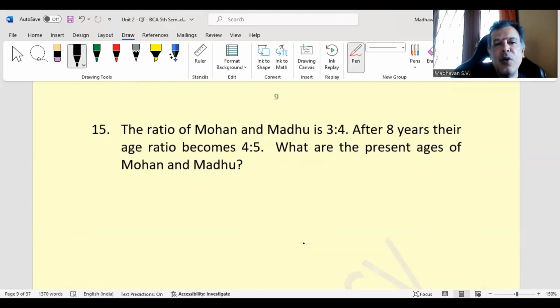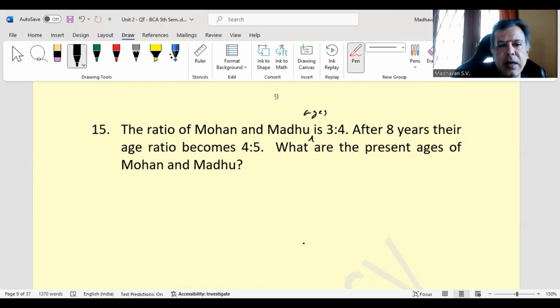The ratio of Mohan and Madhu's ages is 3:4. After 8 years, their age ratio becomes 4:5. What are the present ages of Mohan and Madhu?